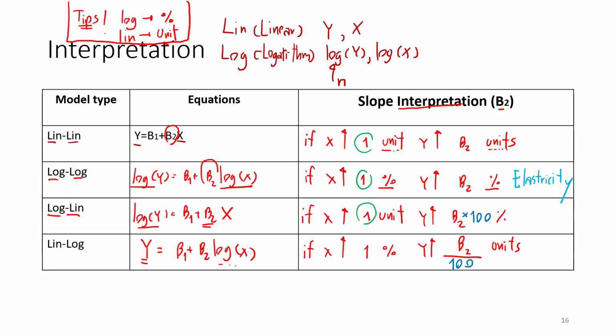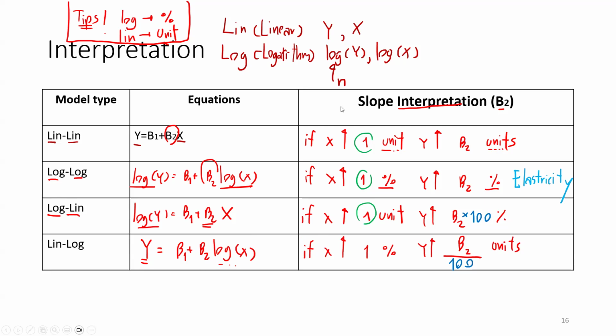When there is a homework that says please make the interpretation or please explain your result, you may come back to this slide and see which model you are facing. If you face log, you have to interpret as percent. But if it's log linear, you have to use unit and percent.